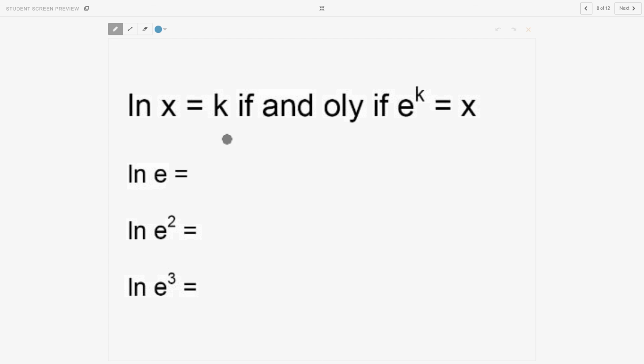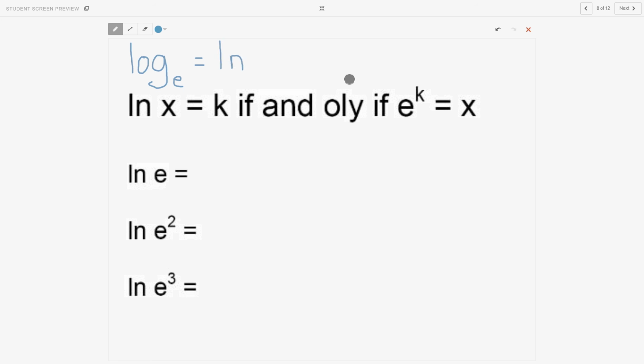All right, this is just like the common log, but this is a natural log. Your calculator will do that. We've talked about the number e, and if I had a log and its base was e, which remember is 2.718, that's what a natural log is. So natural log is log base e.